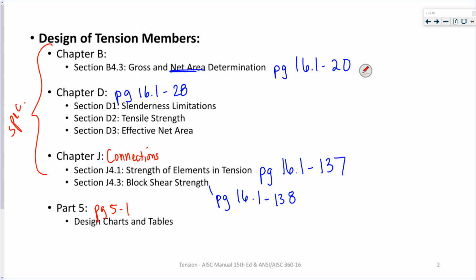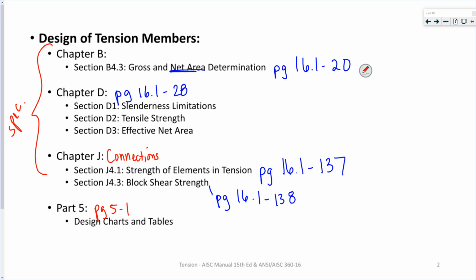But yeah, so it gives you axial tensile strength of a bunch of different sections. Again, the biggest assumptions, I'll write these down.